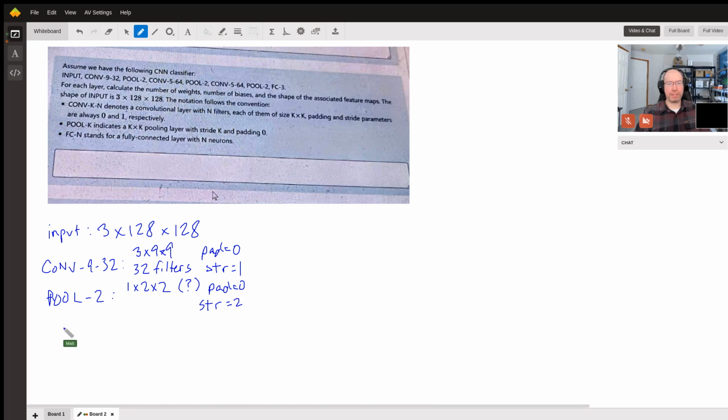Okay, and then we've got conv 5 64. So that'll be 3 by 5 by 5, and that's 64 filters, and pad of 0, stride of 1.